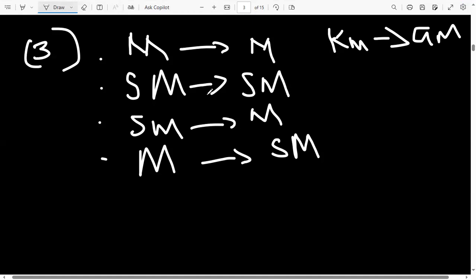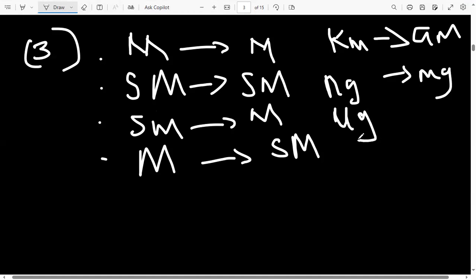From submultiple to submultiple, I can convert from nanograms to milligrams. From submultiple to multiple, maybe I have micrograms, this is the symbol for micrograms, and I'm converting it to kilograms. And under multiple to submultiple, I can have, let's say, kiloseconds, and I'm converting these kiloseconds to nanoseconds. So these are the 4 categories that we can have under the third category.